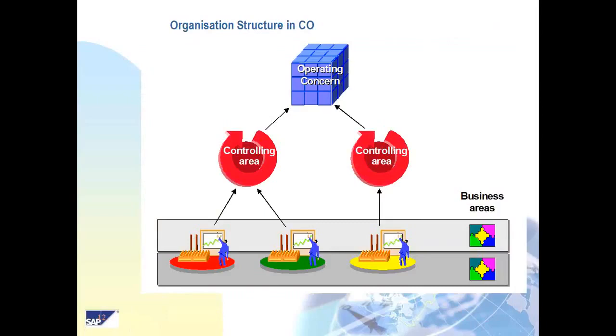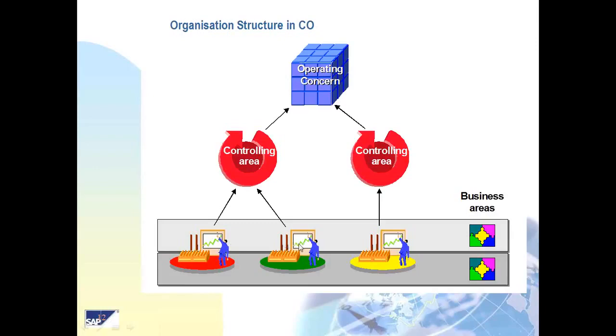Coming to CO, there is the operating concern. This is the highest node in SAP after the client setup. You can maintain different controlling areas within an operating concern, subject to certain conditions. Of course, I am going to discuss that.